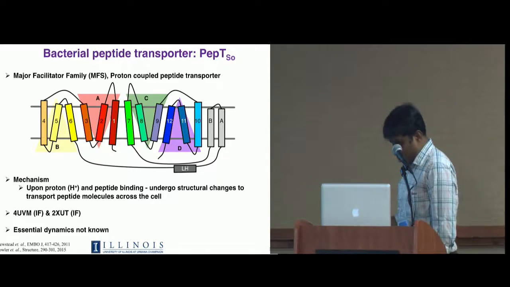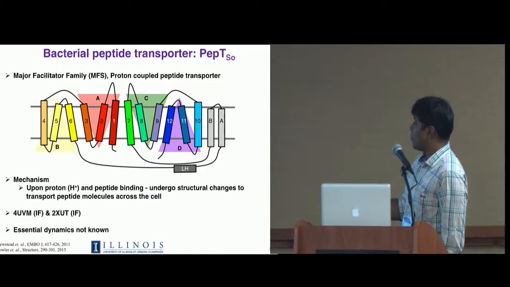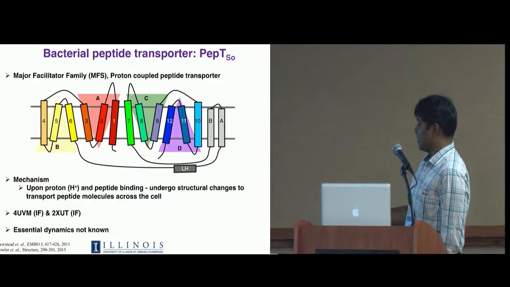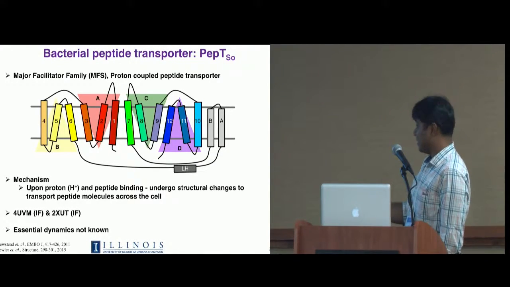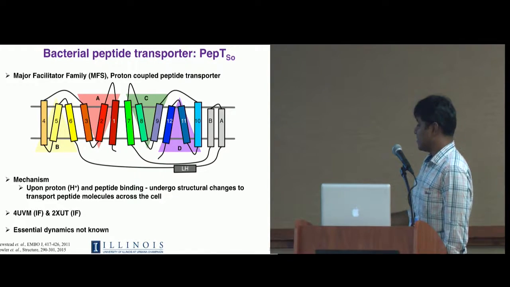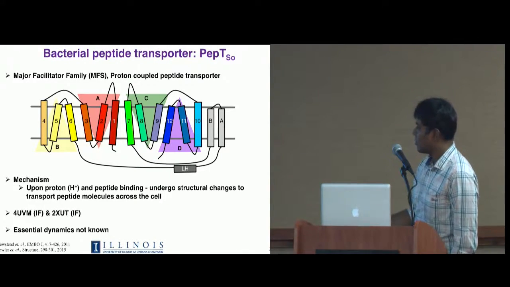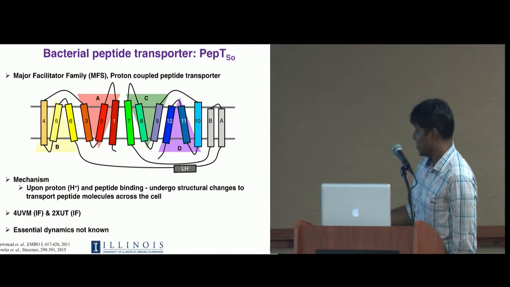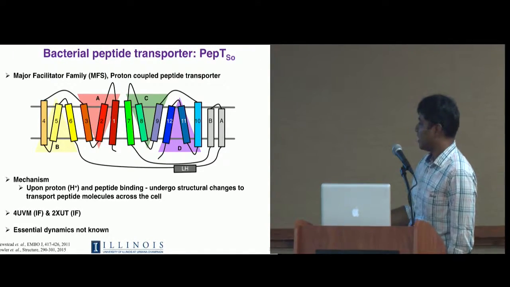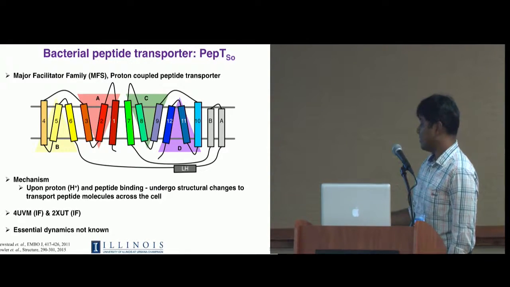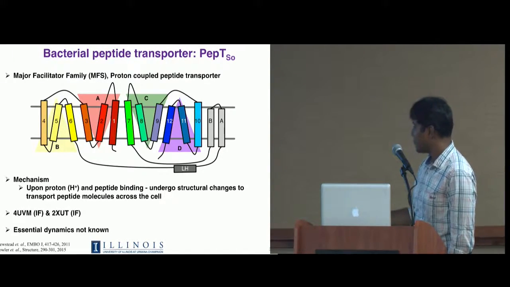So how does this transporter work? When it is open to the cell, the substrate molecule and the proton come and bind to this transporter, and it undergoes conformational changes, and then it finally releases the substrate into the cell. Till date, two structures were available in one conformational state, the inward facing state, and the essential dynamics between the various states are still not known.